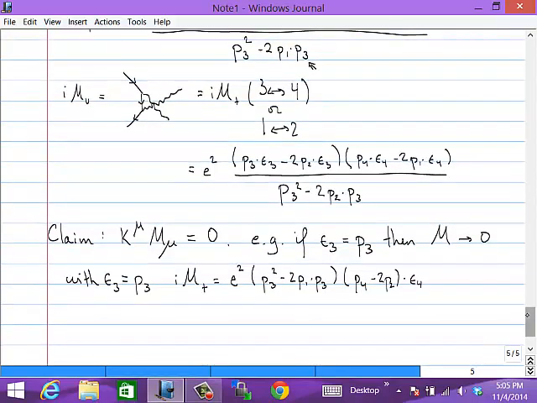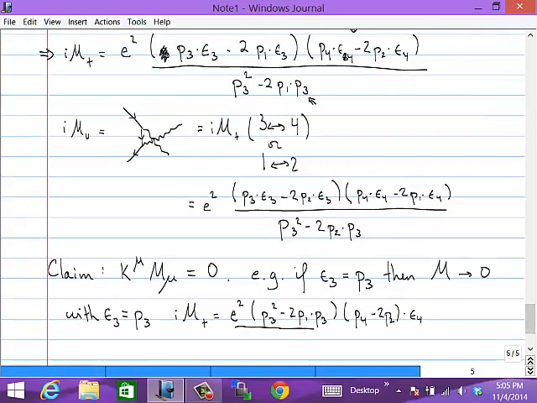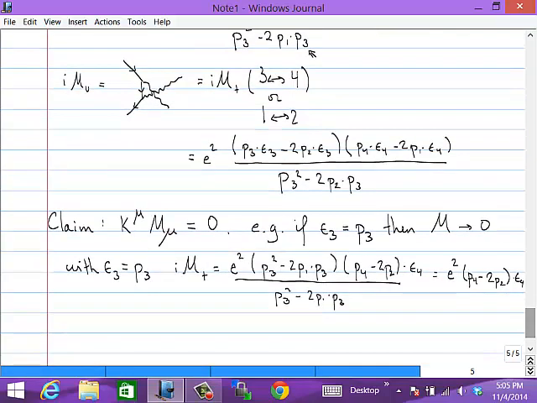And the denominator is, good news, P3 squared minus 2 P1 dot P3, which cancels the guy in the numerator. So this is E squared times P4 minus 2 P2 dot epsilon 4. It's some function of epsilon 4, the polarization of the other photon, the one where I'm not trying to check the Ward identity, and it depends on these various momenta.